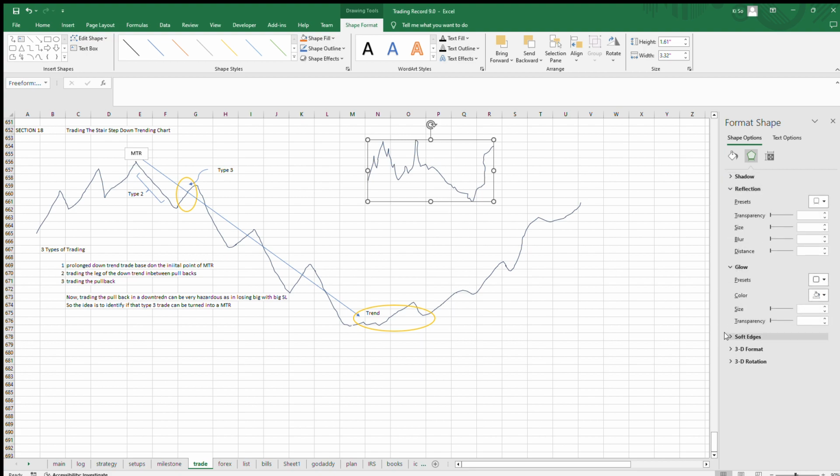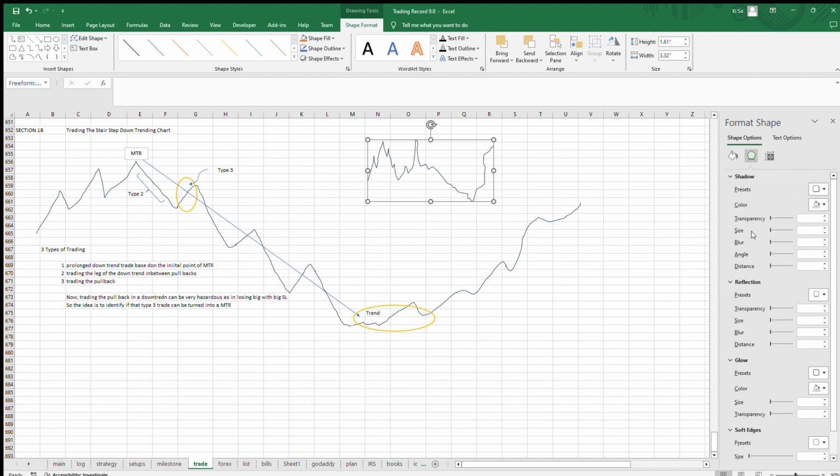Reflection, glow, soft edge. Oh, that's what it does.